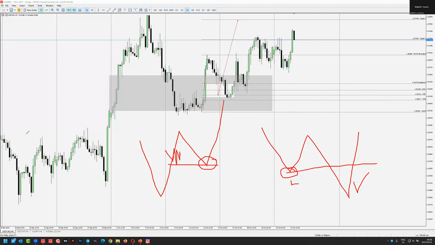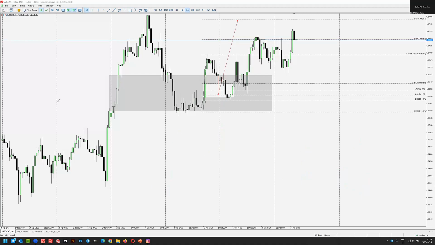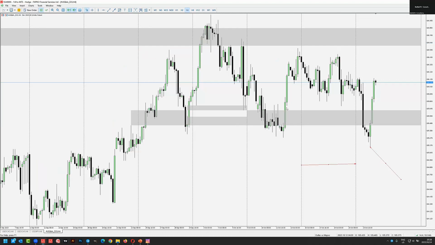Now, when you look at USD CAD, where is fair value? We are talking of this discount array right there. You see, we've got a fair value gap. If we go to dollar index, there was a fair value gap here, but dollar pierced through that fair value gap and created a new low.